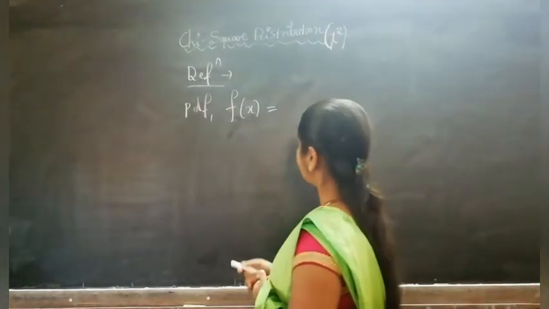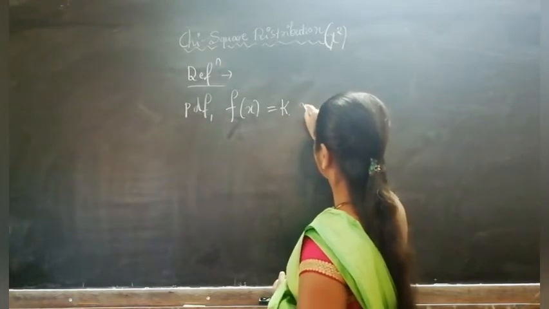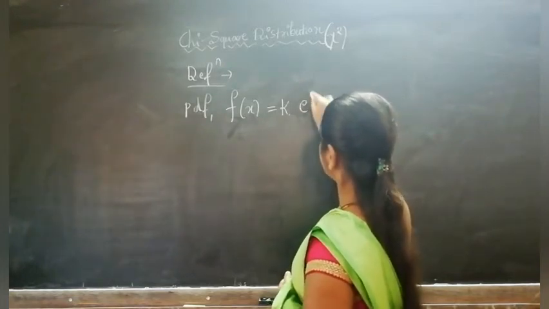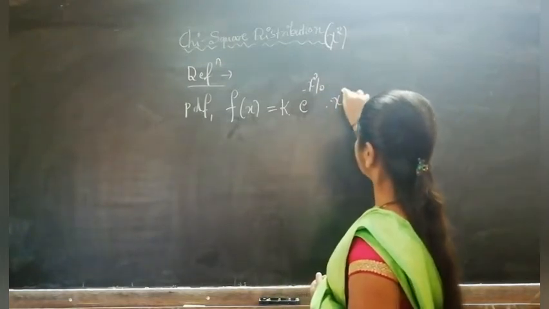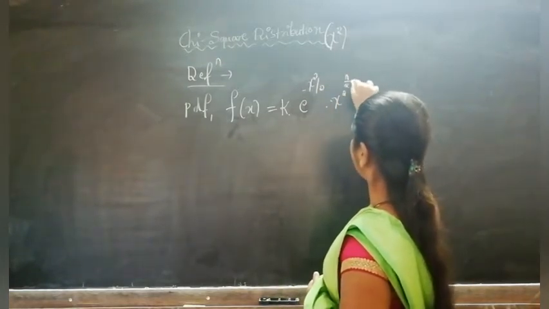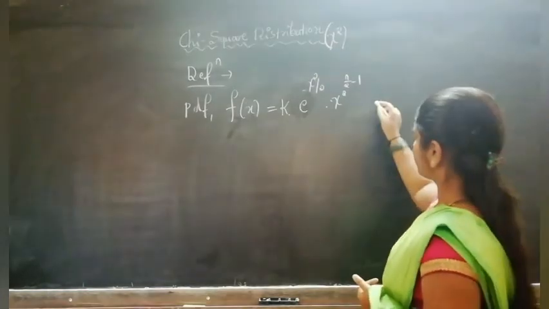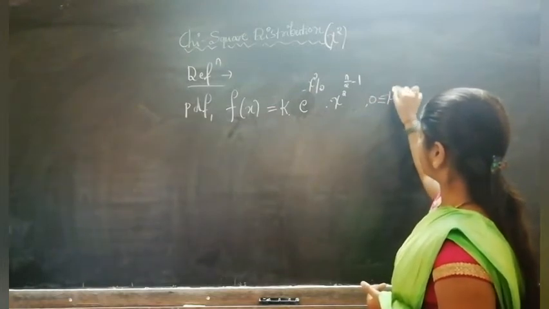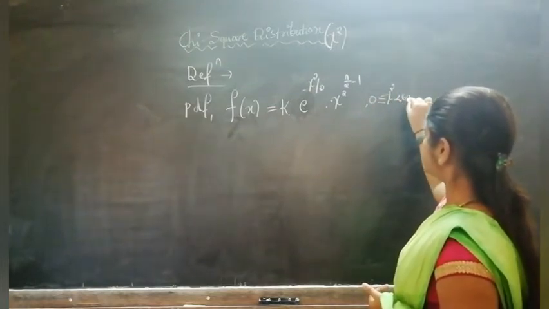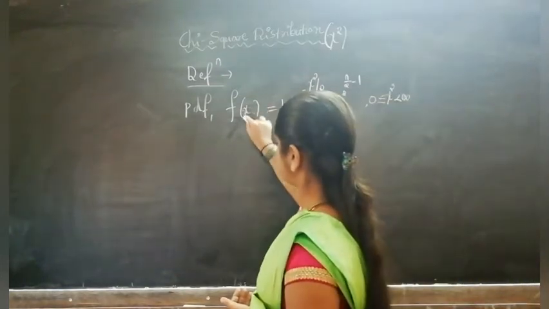So f of x equal to k into e raised to minus chi-square by 2 into chi-square raised to n by 2 minus 1. Here the range is 0 less than or equal to chi-square less than infinity. So this is f of chi-square.